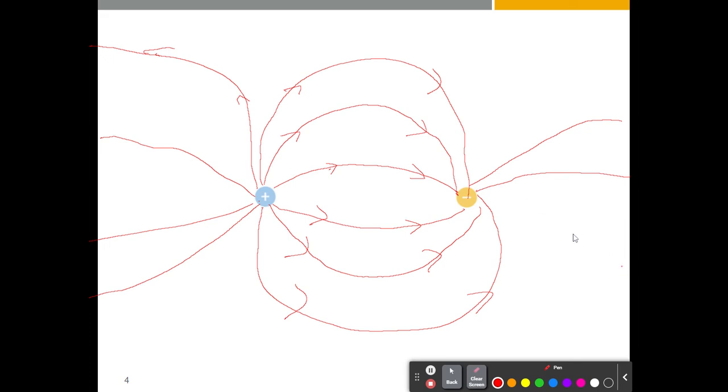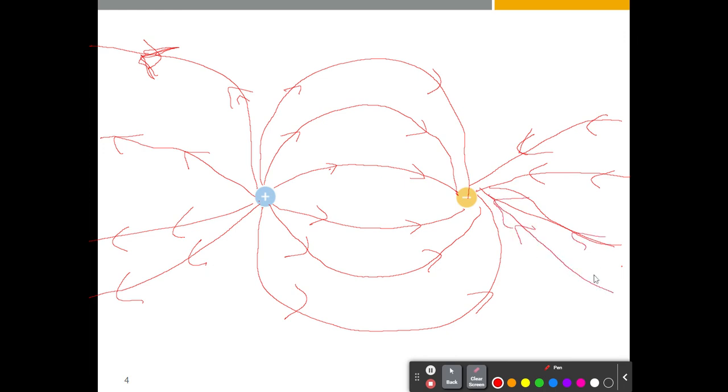All right, so we would have, if we put a positive test charge there, I think you see the pattern. I want to draw the same number of field lines, because maybe this one should curve more this way, and this one more up there.